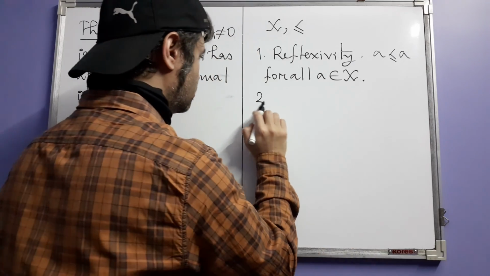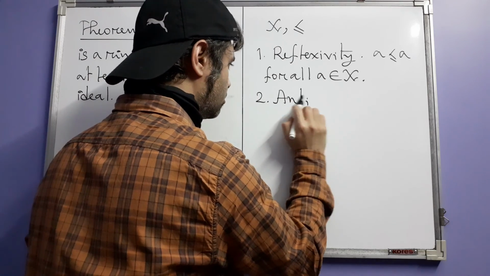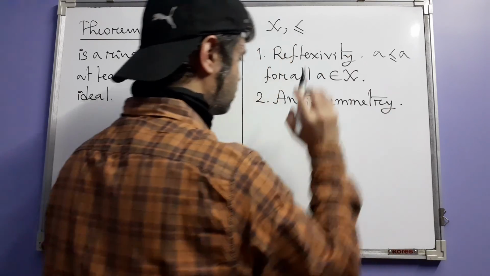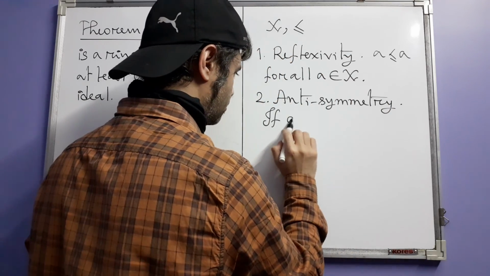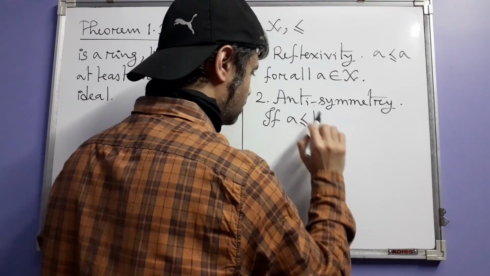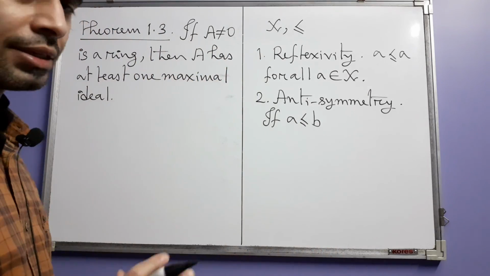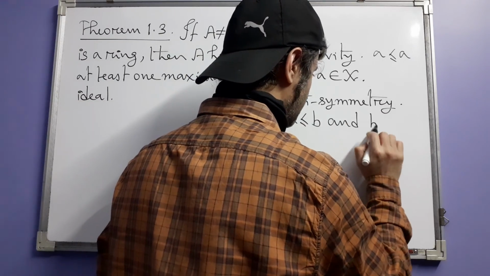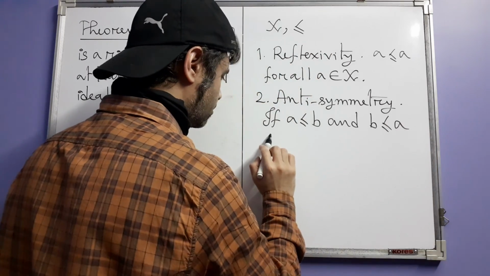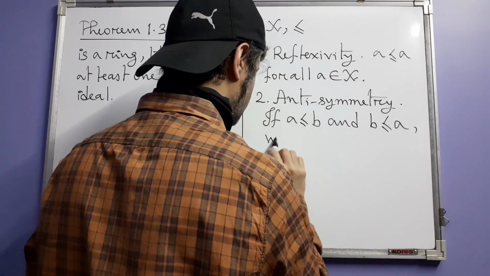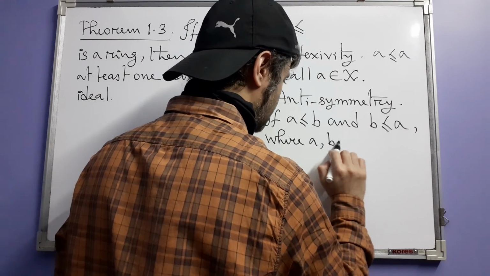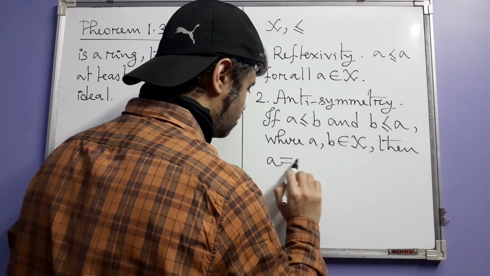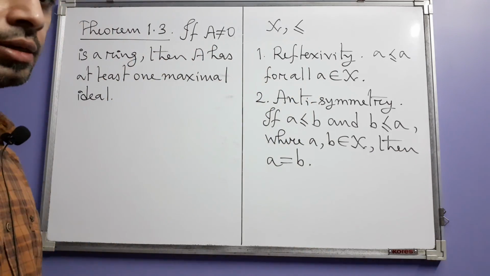Number 2, antisymmetry. If A is related to B and B is related to A, where of course A and B are coming from X, then A has to be equal to B. That is antisymmetry.